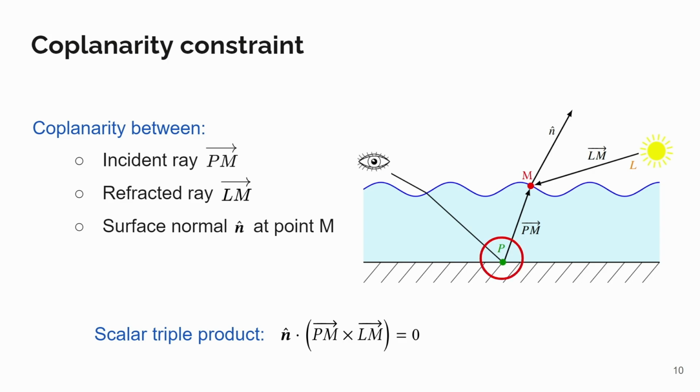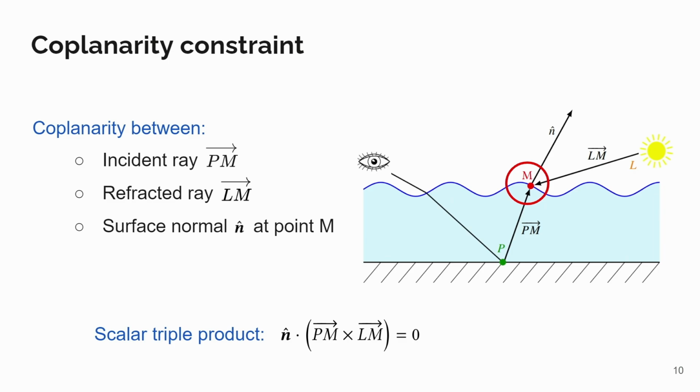We have this point P, we have this point L, and what we want to find is this point M. Having these 3 points, we have the vectors: the incident ray from the point P to M, the refracted vector from M to L, and the normal at the point M. And these 3 vectors must be coplanar for the physics.